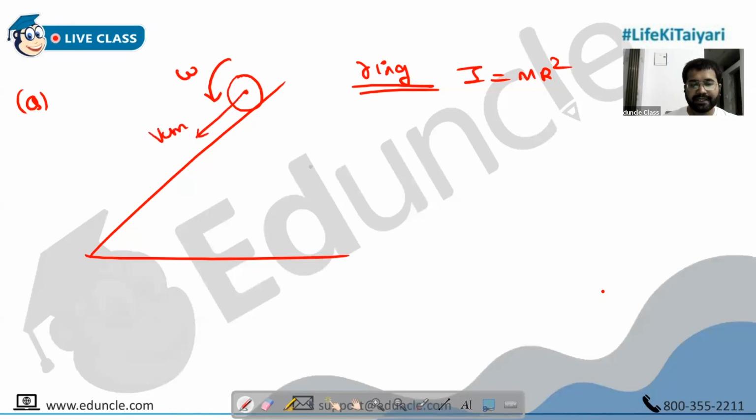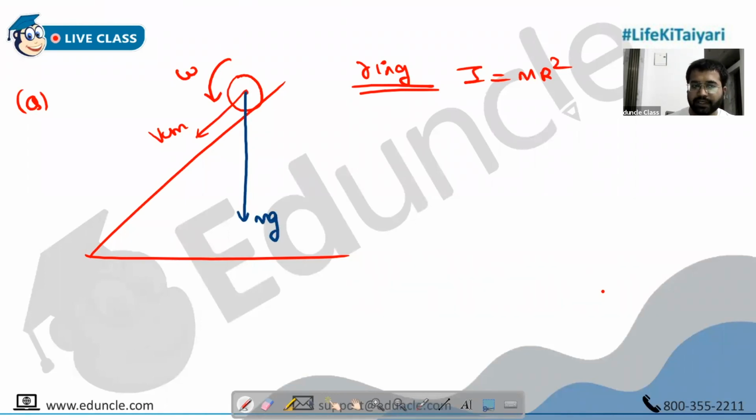Now there is a weight. So we have weight here in the downward direction, mg.